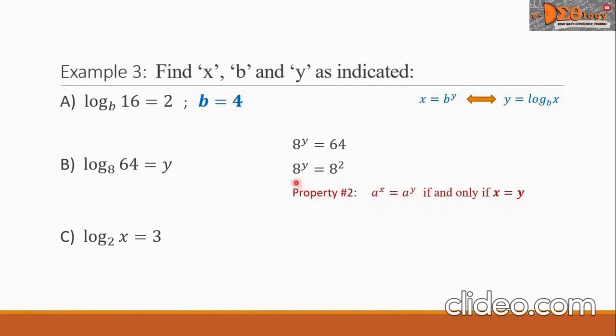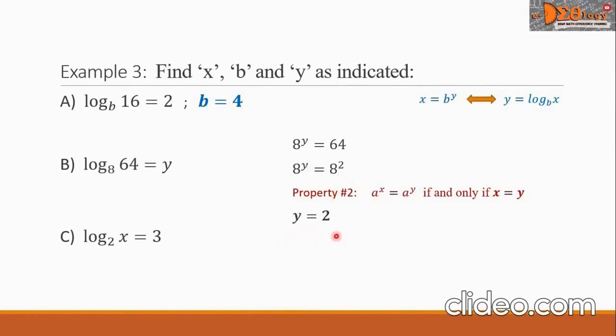I can see that I have same base, so it means I can copy the exponents of the left side, which is y, and this is equal to the exponent of the right side, which is 2. So I have now this equation, y equals 2.